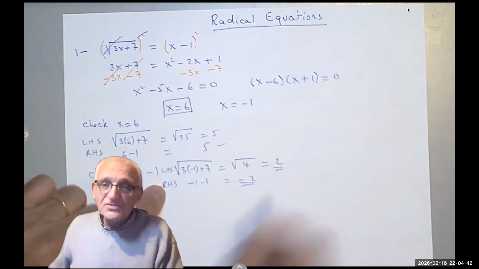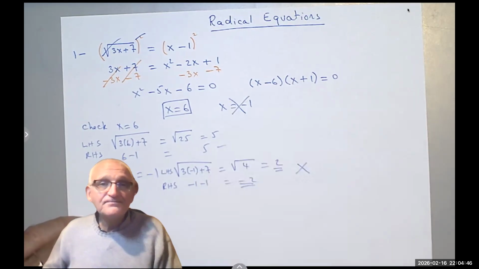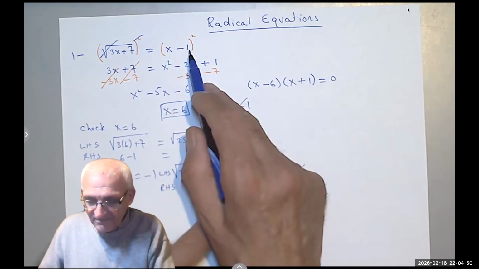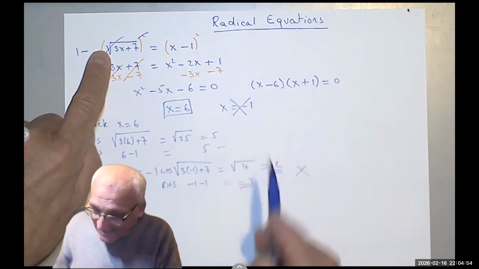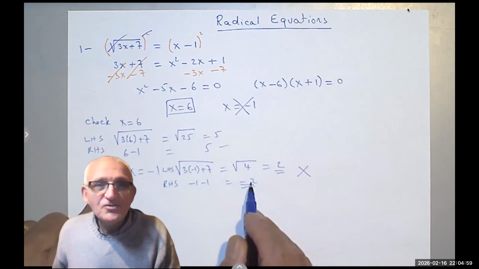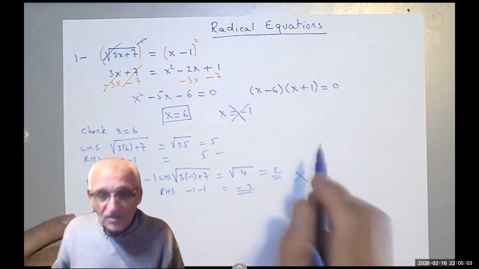Oops, 2 doesn't equal -2. That's an erroneous answer, right? And you can see the right-hand side is negative, and that's a square root. You can never have a square root of negative, right? But -2 squared is 4. That's why it was introduced erroneously, and we know this is not an answer.